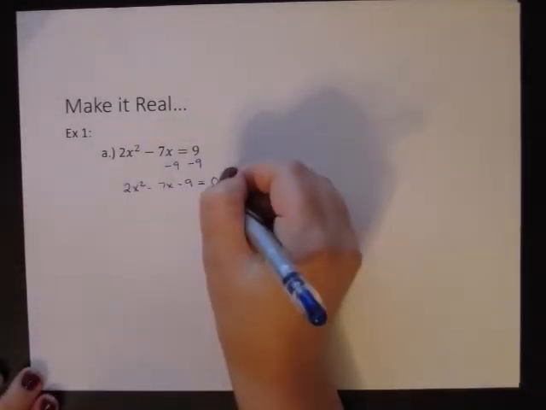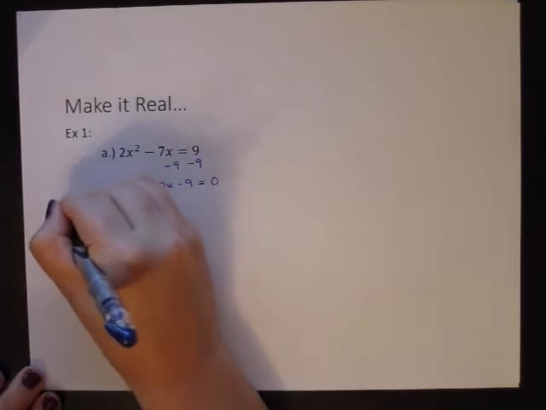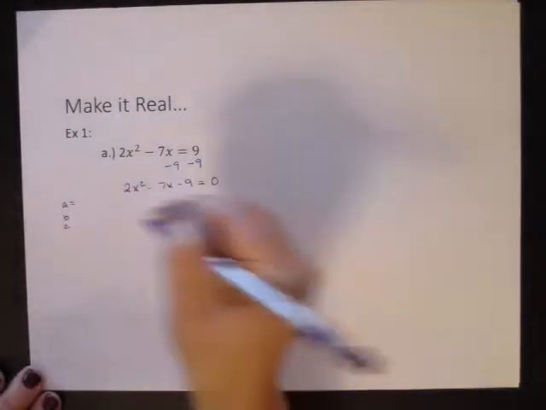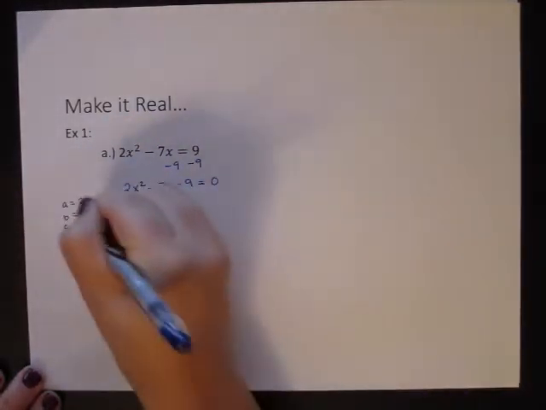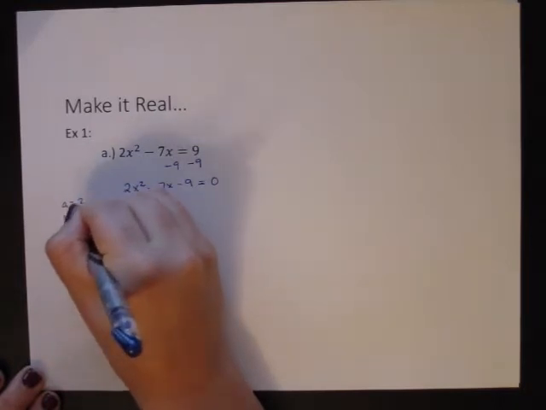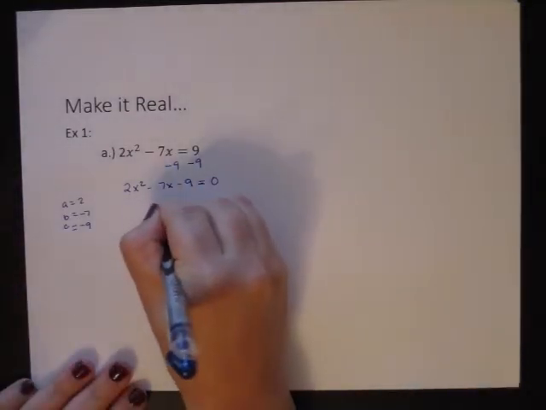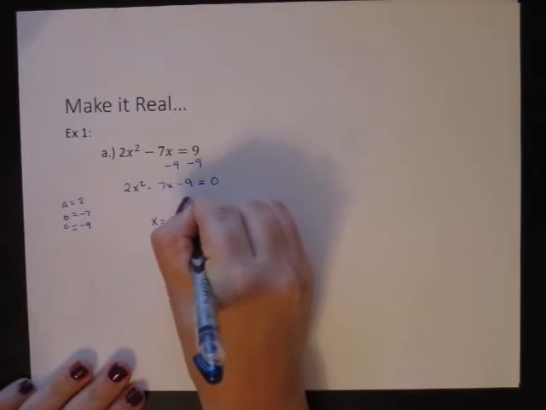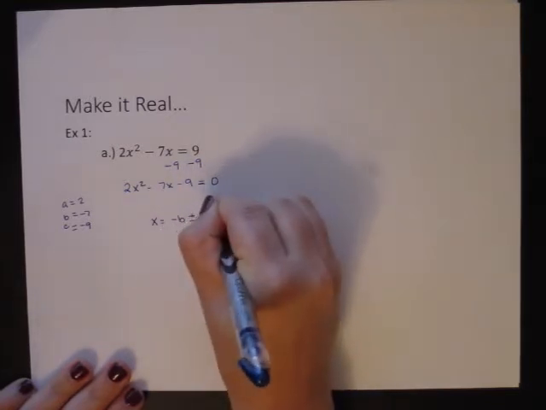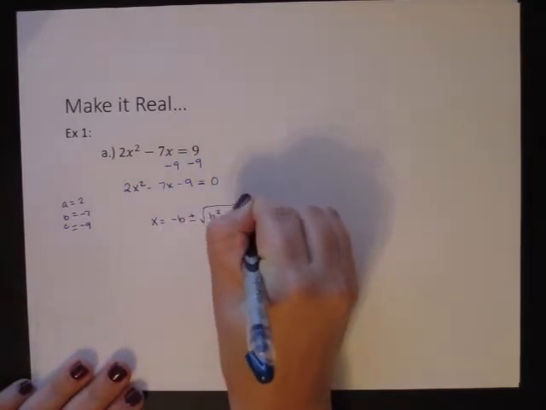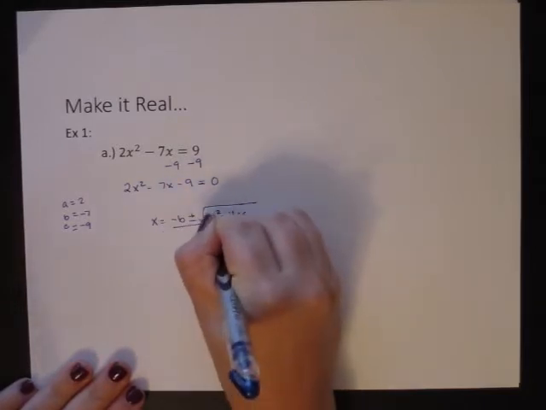First step, put it in standard form. Second step, ABCs. Your a equals 2, your b equals negative 7, and your c equals negative 9. Then after that we have to plug it into the formula. So we got x equals negative b plus or minus the square root of b squared minus 4ac all over 2a.